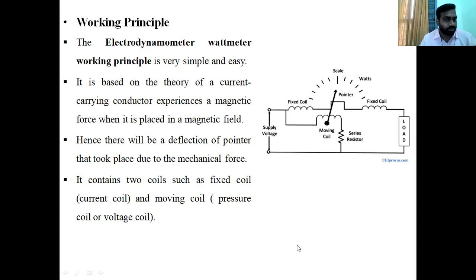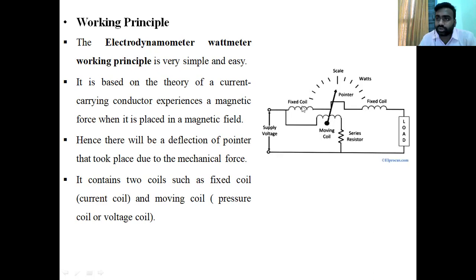One is a fixed coil and the second one is a moving coil. The fixed coil will act like a current coil and the moving coil will act like a potential coil. Whenever the supply voltage is applied across these two, current will flow through the fixed coils and voltage is experienced by the moving coil.